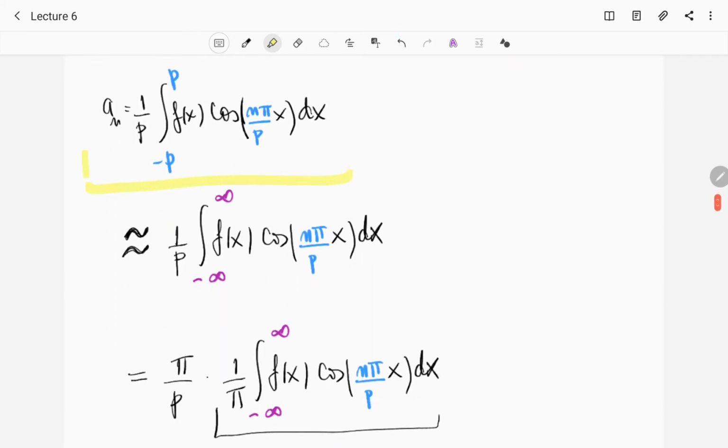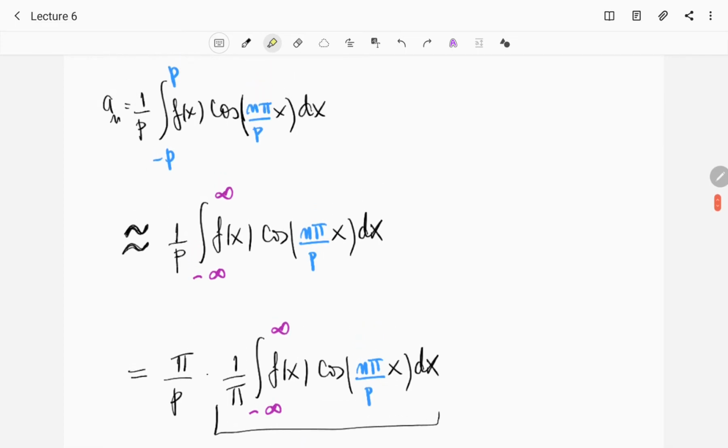We start with our a_n, and you have to believe me, we can say that we take the limit of p to infinity, so we have minus infinity and infinity, but we still have n pi over p inside the cosine.